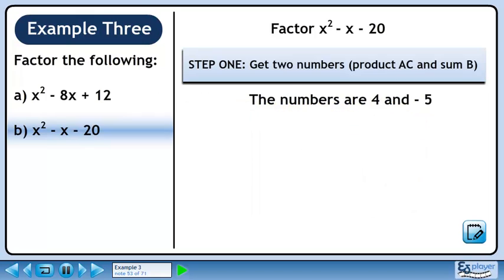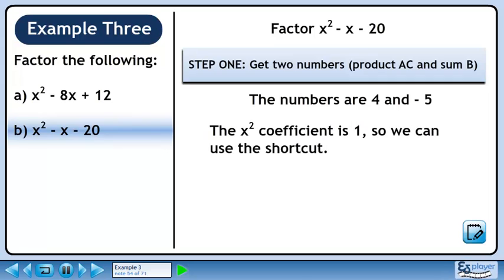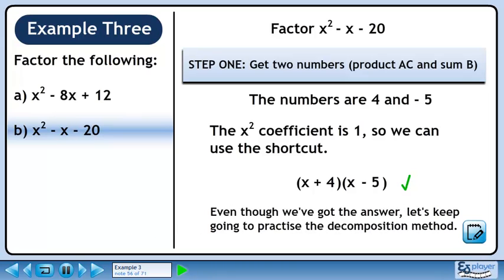Let's store the numbers in a sentence so we can retrieve them later. The x squared coefficient is 1, so we can use the shortcut. The factors are x plus 4 and x minus 5. Even though we've got the answer, let's keep going to practice the decomposition method.